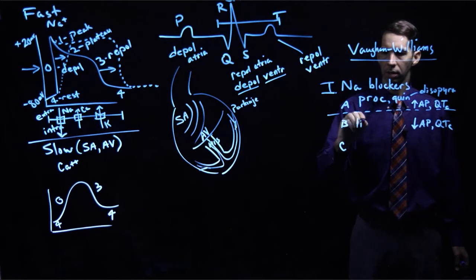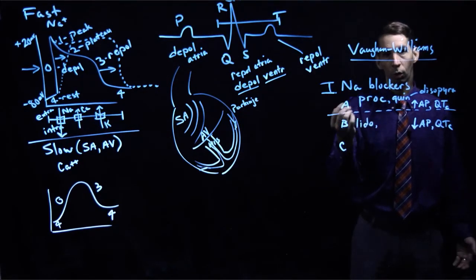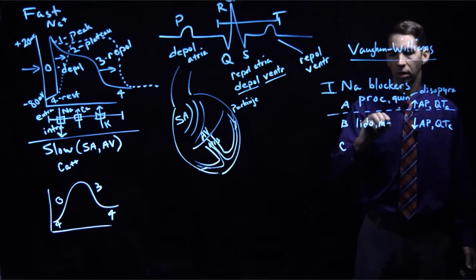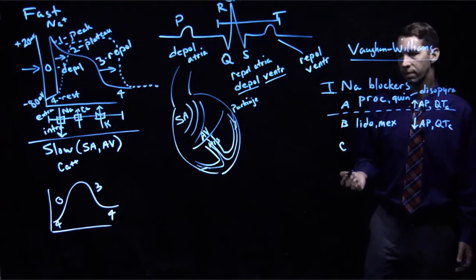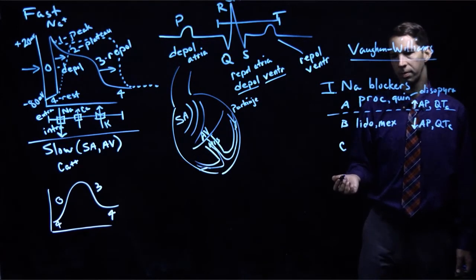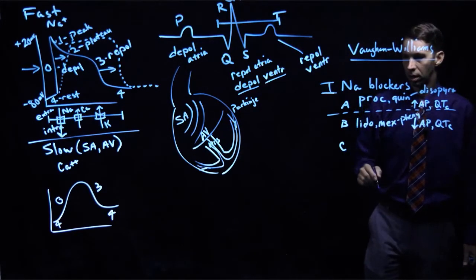They include lidocaine, which is IV, and we have kind of an oral version of lidocaine called mexiletine. Now there is one other one that's not really used clinically, but it does have antiarrhythmic properties as a 1B, and that's phenytoin. So I'll note that there.